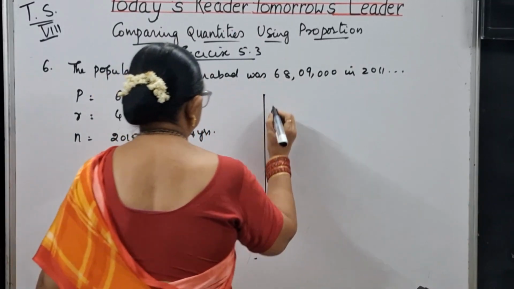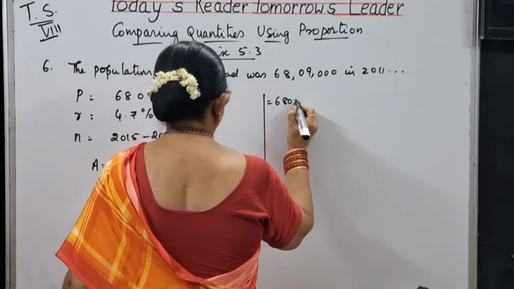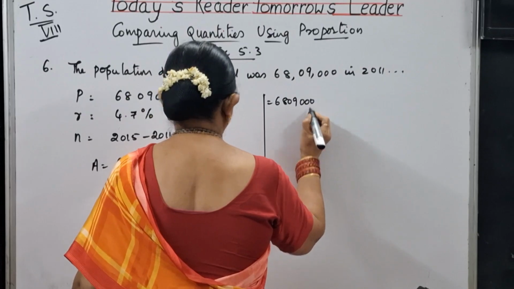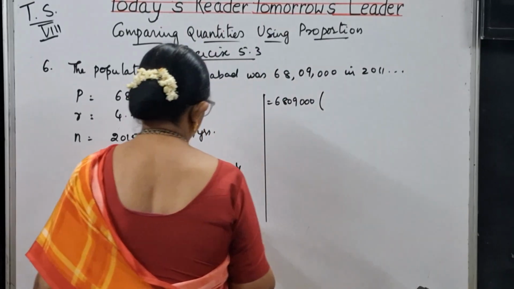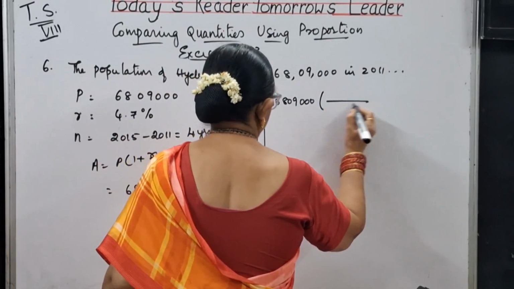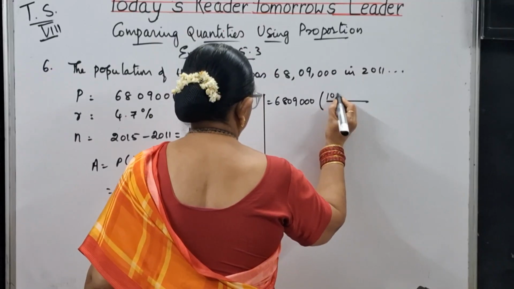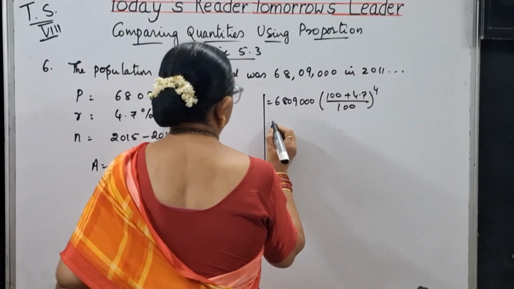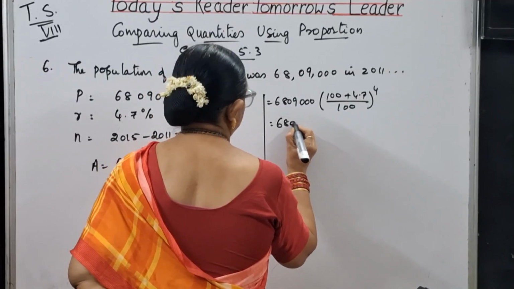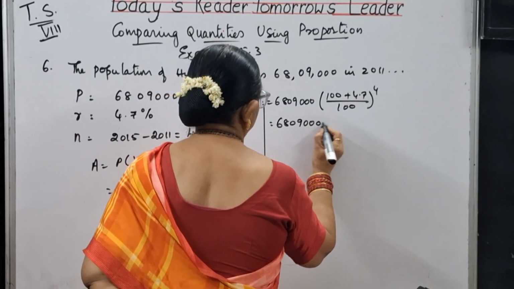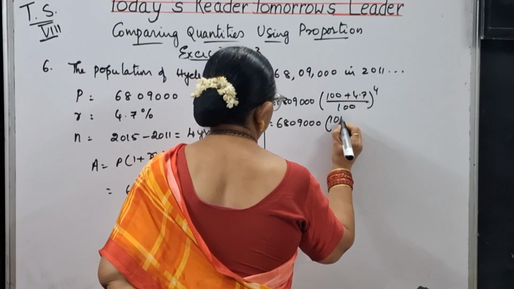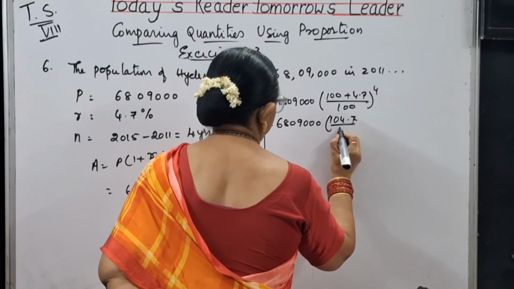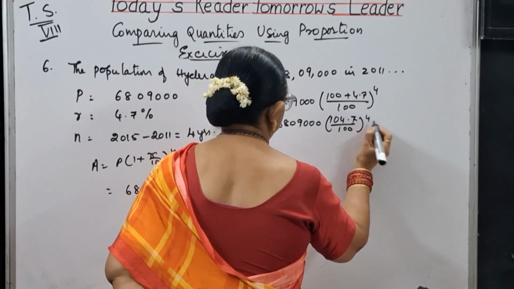So this is 6809000 into, this is 100. So LCM, 100 plus 4.7 whole to the power of 4. That is 6809000 into 104.7 by 100 whole to the power of 4.